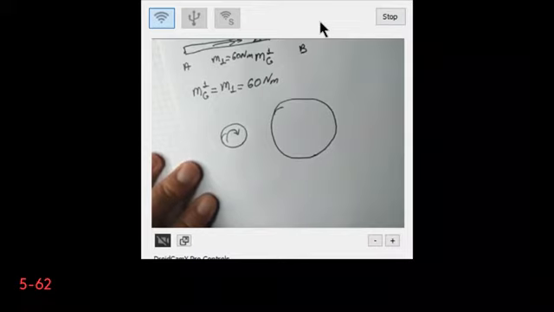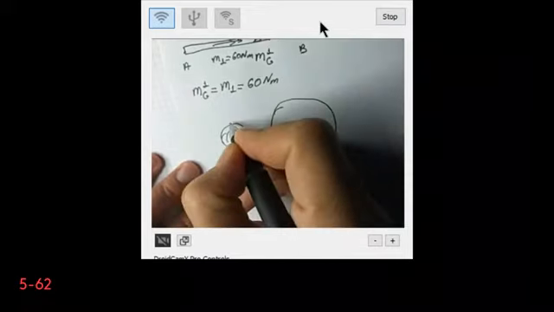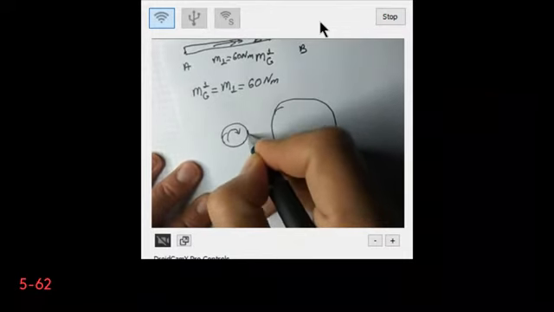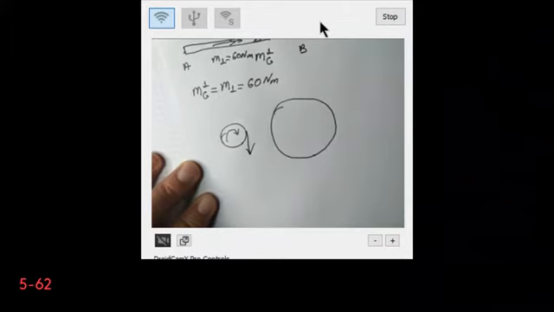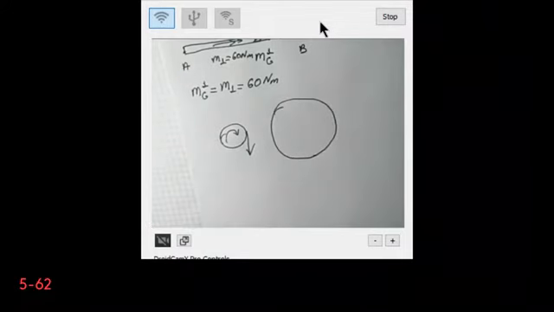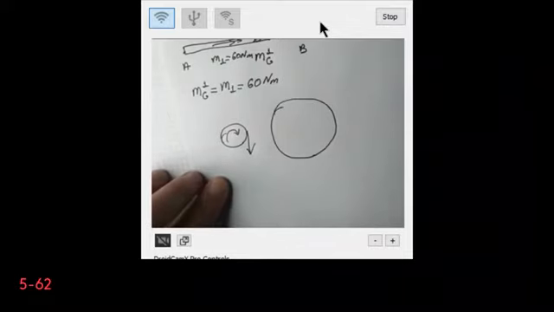As a result, this moment has to be generated by such a force, a force which is in this direction. Basically, when you have two coupled gears, the force is transmitted by the gears, and certainly the big gear applies a force to the small one in this direction.